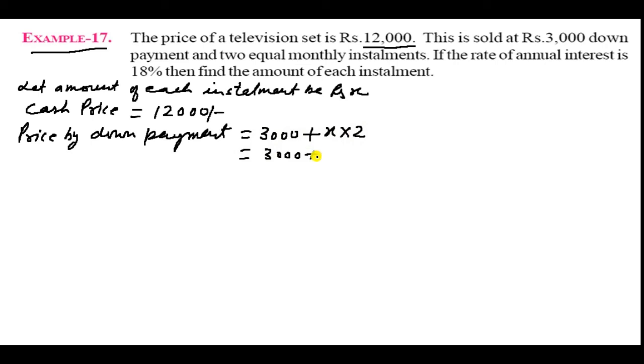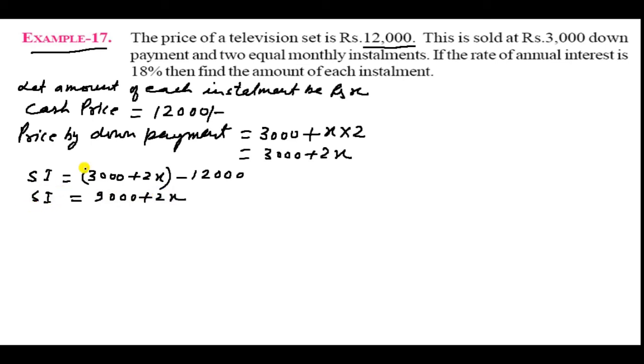Now the cash price is given as 12,000 rupees, and the price by down payment will be 3,000 plus 2 monthly installments, that is X into 2, so that will be 2X.